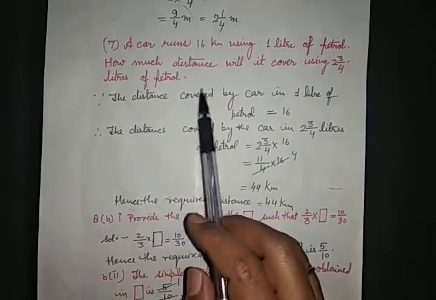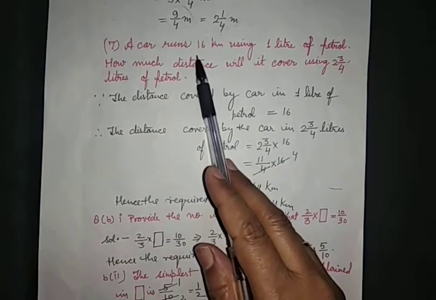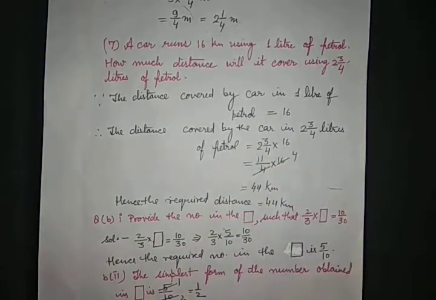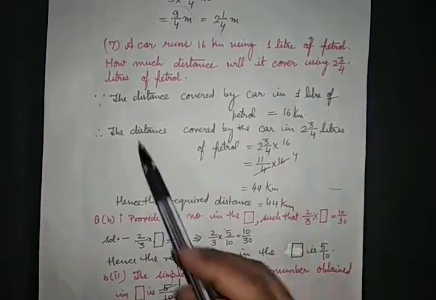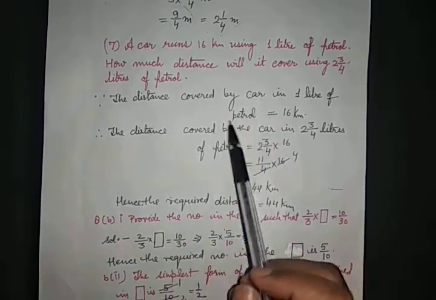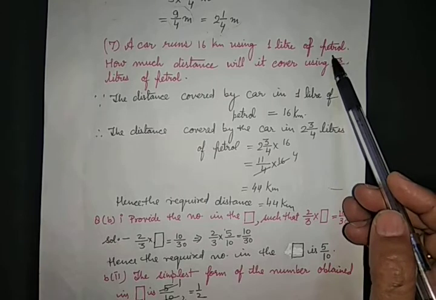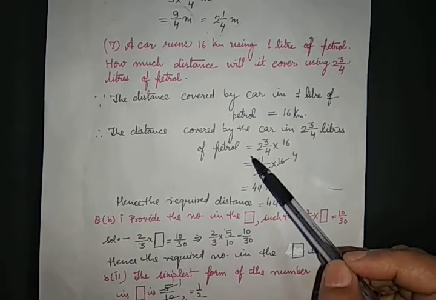Since the distance covered by the car in 1 liter of petrol is equal to 16 kilometers, therefore you want to find out the distance covered by the car using 2 whole 3 by 4 liters. So what will you do?